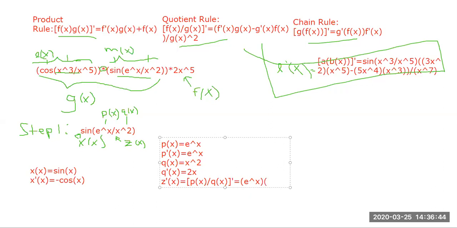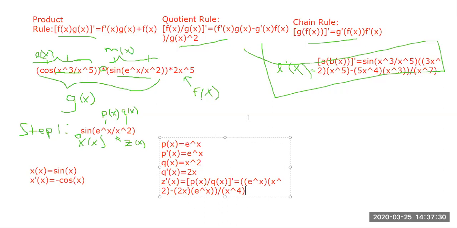We got that times our g of x, which is q of x, so x squared, minus g prime of x, which is q prime of x, which is 2x, times f of x, which is our p of x, which is e to the x. Take all that and divide it by our g of x squared. So our g of x is q of x, so x squared squared is just x to the fourth, so we're going to skip the middleman and just put that down.